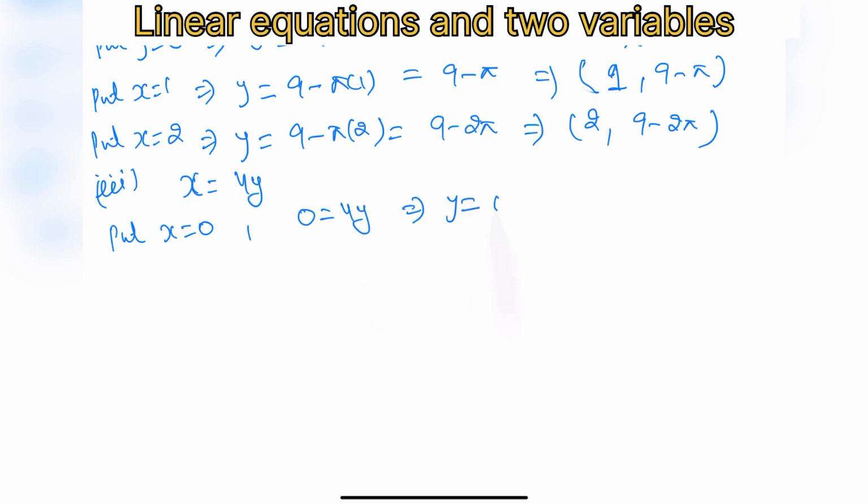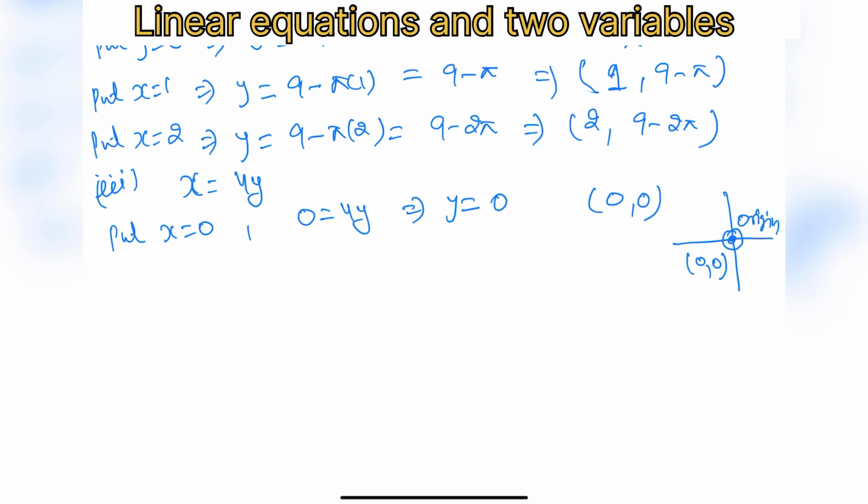It means y is also equal to 0. So the first solution is 0, 0. This solution is lying on the origin point, because in any axis this center point is called the origin and the coordinates of the origin are 0, 0. So when we put x as 0, we got the value of y as 0.